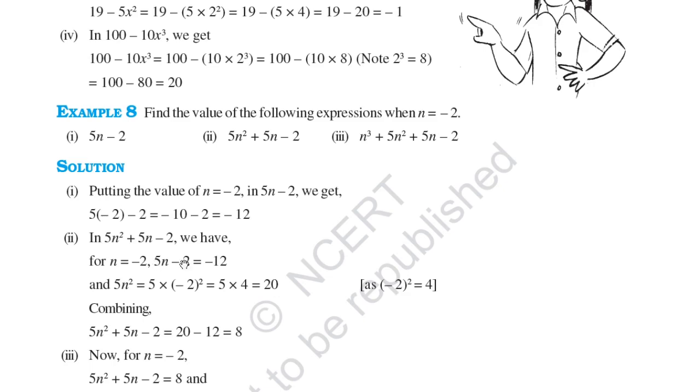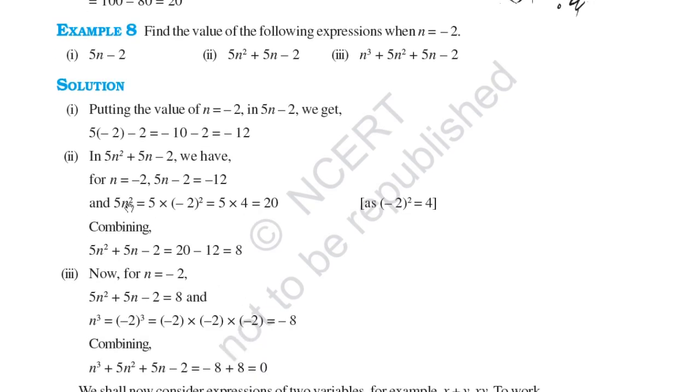You know that. So you can see here n square will become 4, and we are combining the first one and second one. So n square plus 5n minus 2 is equal to 20 minus 12 is equal to 8. So the first one was solved here. You can see that it is easy, nothing to worry about. And the third one is n cube plus 5n square plus 5n minus 2.